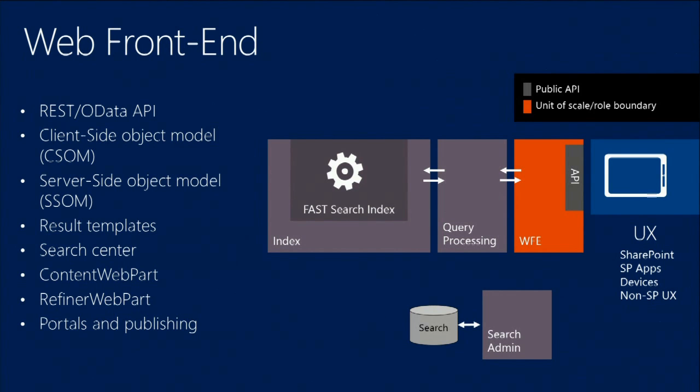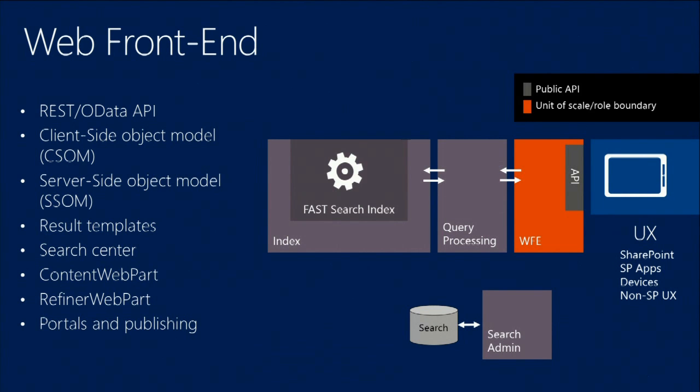Now we have the client-side object model and the REST API. This is also with the cloud in mind, because you don't want server-side code to take down the whole cloud solution. So if I write any bad code on the server, it shouldn't affect you guys. It's bad enough that my client or my applications are crashing.